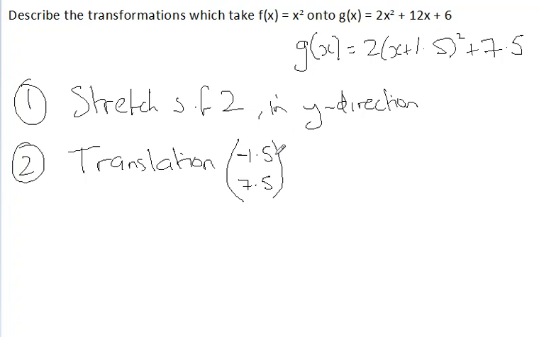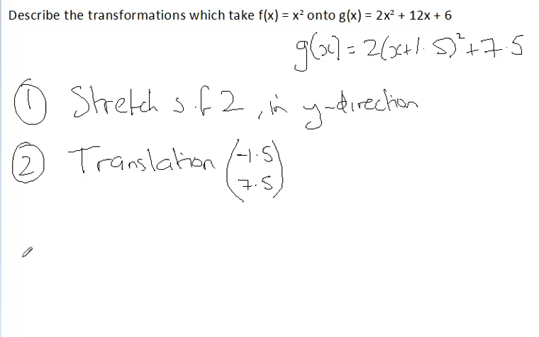Now an interesting question is whether, if we translated first, would this still be correct? Of course, here I've said, well, stretch first and then translate. Would it be correct if we translated and stretched? Well, let me try to give an answer to that.